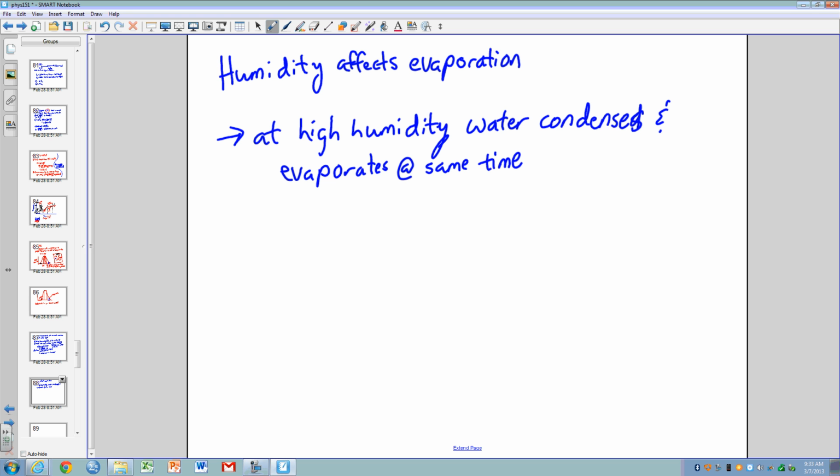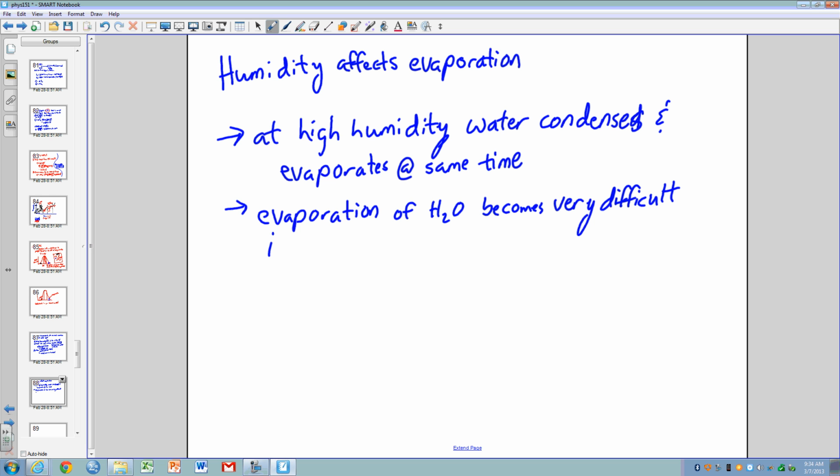So basically you have this water evaporating off of you, but you have the same water condensing back on yourself. So it's like you're not really having evaporation at all. So evaporation becomes very difficult in high humidity weather. Evaporation of water or other liquids, but water in particular, in high humidity.